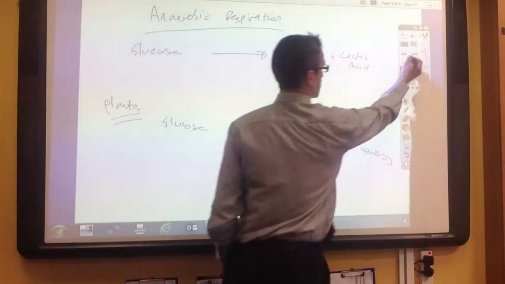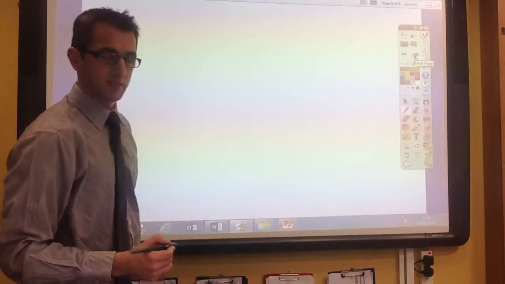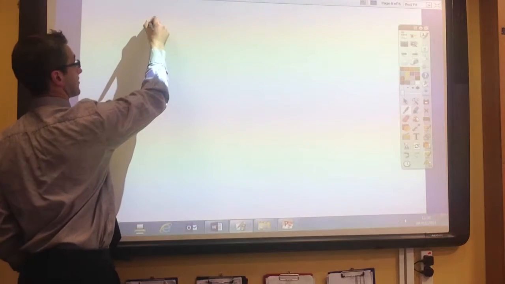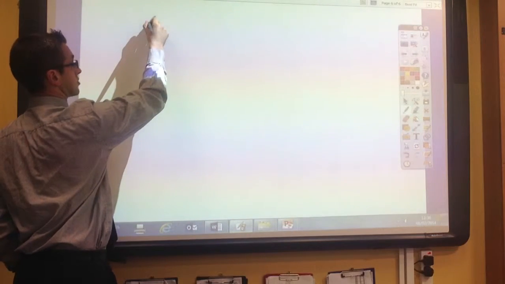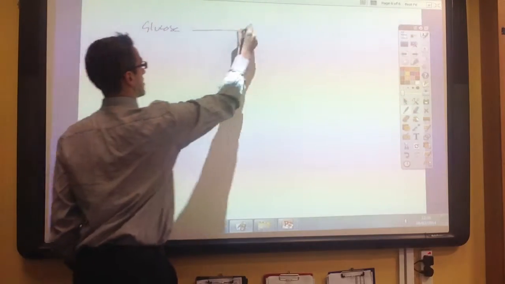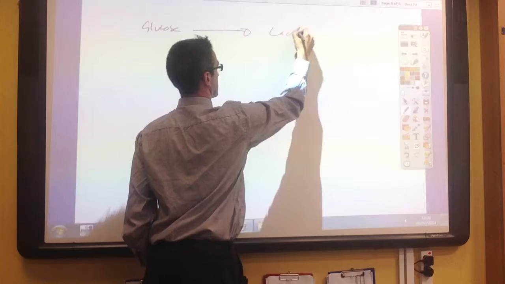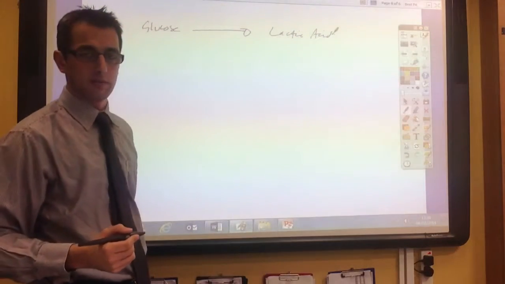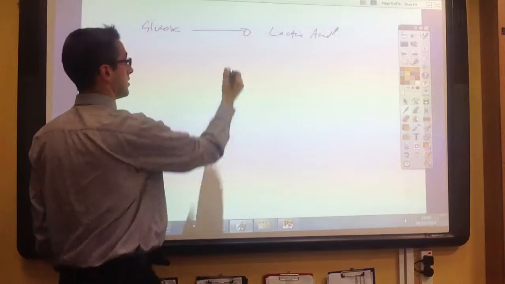So, concentrating in animals on anaerobic respiration, if insufficient oxygen is present, we end up with lactic acid, and therefore the only way this can be got rid of is by breathing more.